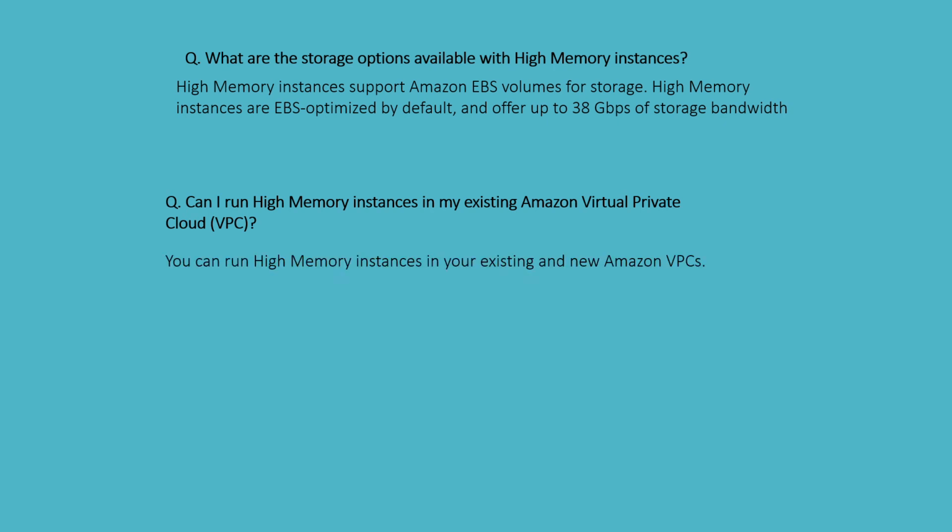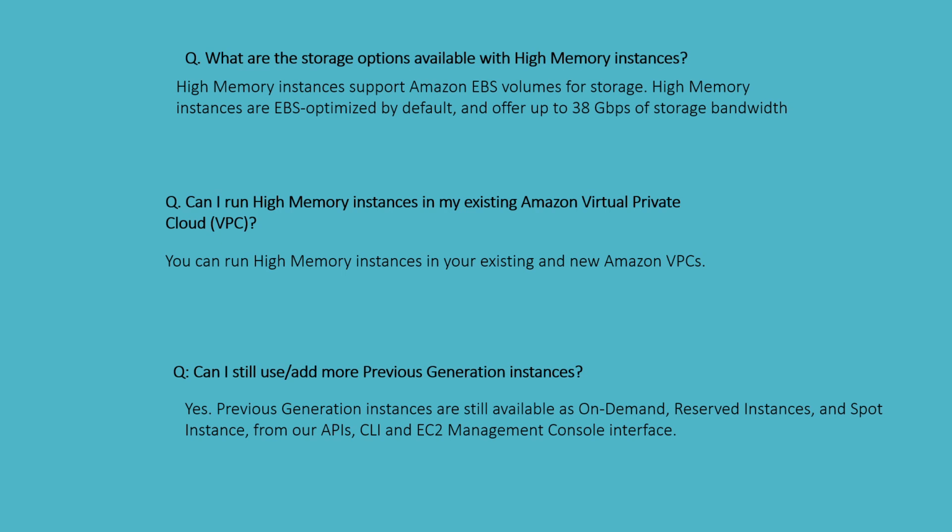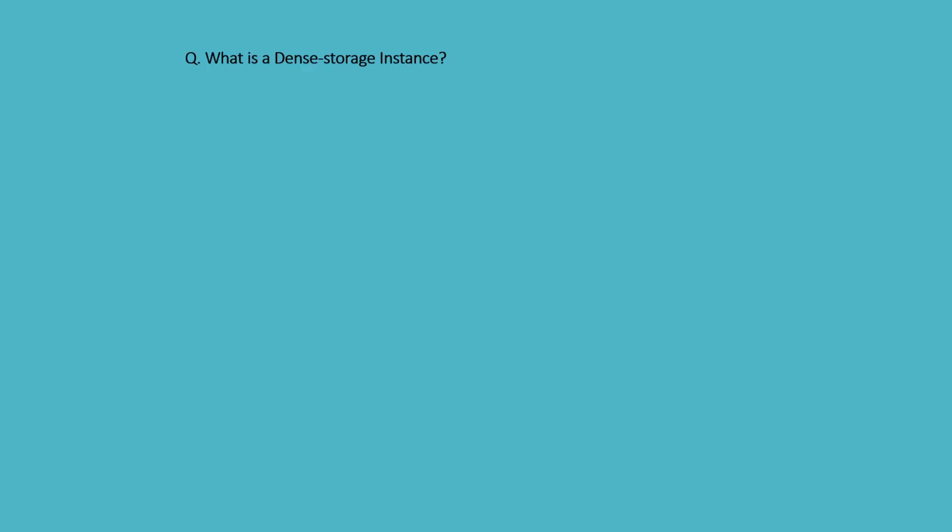You can run high memory instances in your existing and new VPC. Can I still use and view previous generation instances? Yes, previous generation instances are still available on demand, as reserved instances and spot instances from our API, CLI, and EC2 management console interface.